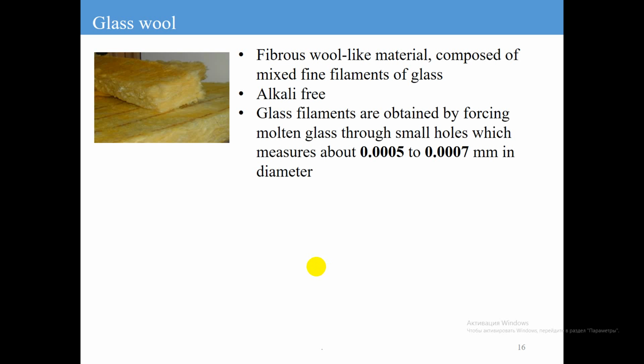Glass filaments are obtained by forcing molten glass through small holes, which measure about 0.0005 to 0.0007 millimeter in diameter.